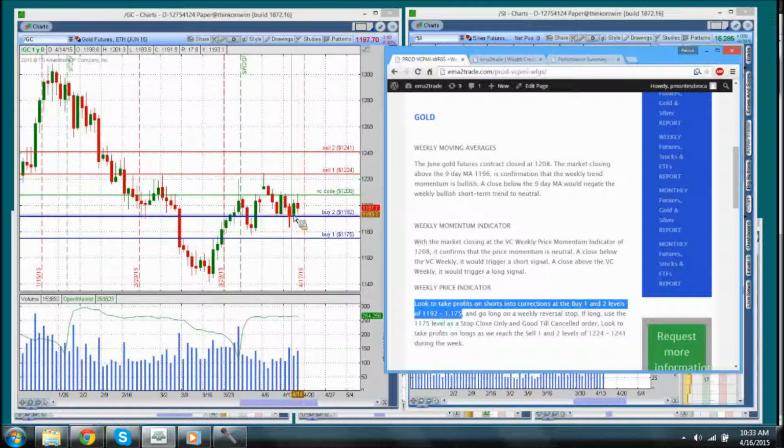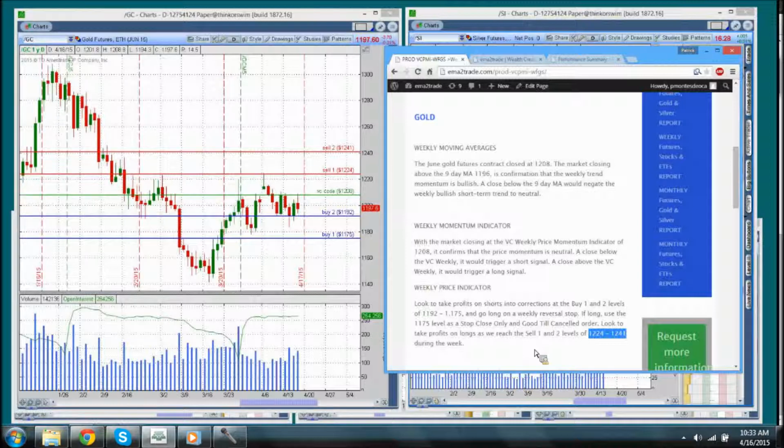What we're looking for now is for the price action to close above 1208, so that it would activate the higher levels of 1224 to 1241 for this week.